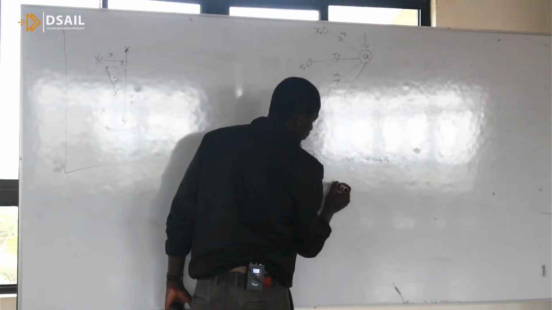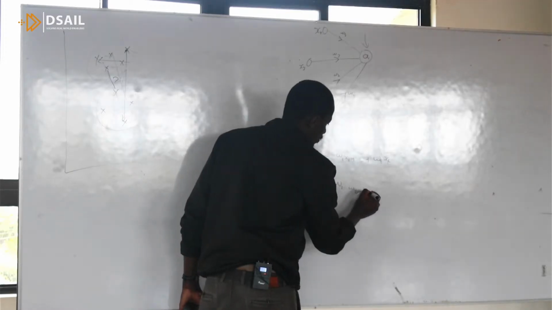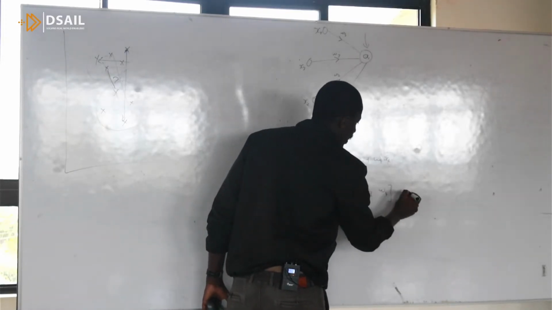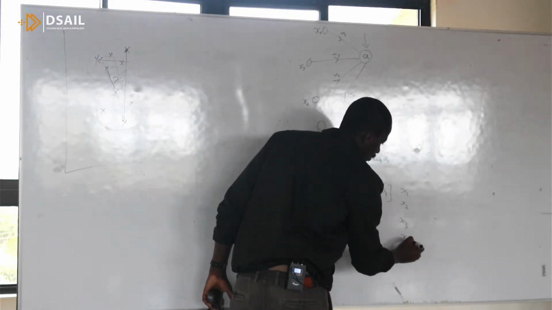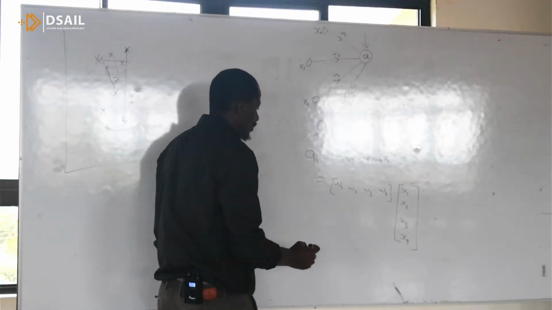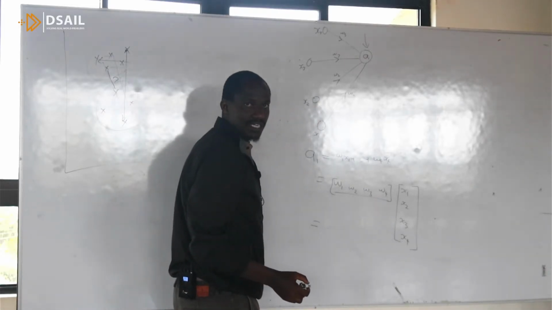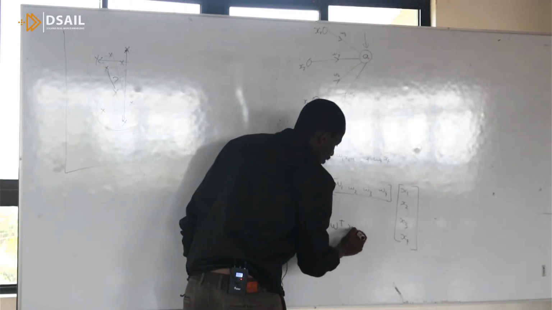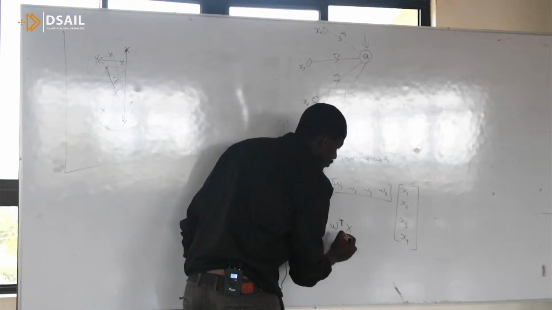This can be written as a vector W1, W2, W3, W4 multiplied by X1, X2, X3, X4. This is a row vector, so we can call it W transpose, and this one we can call X, so W transpose X.